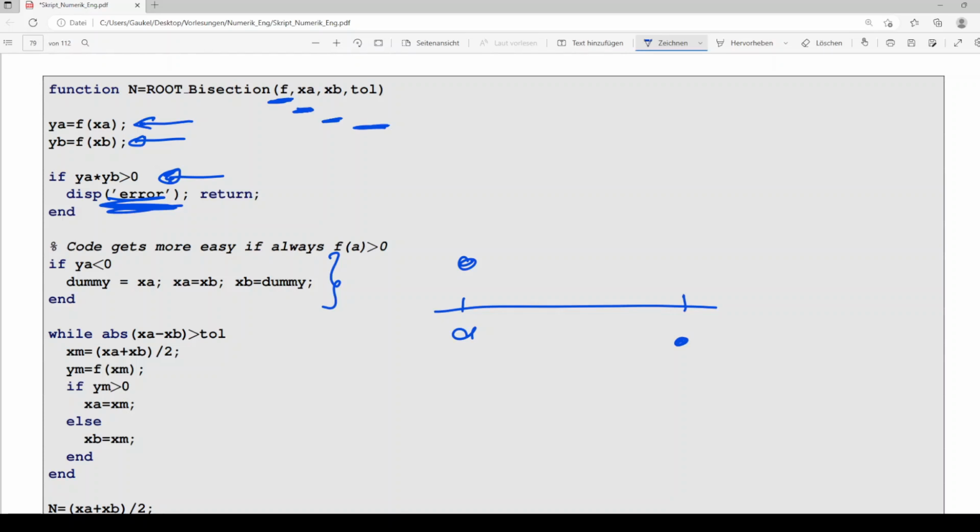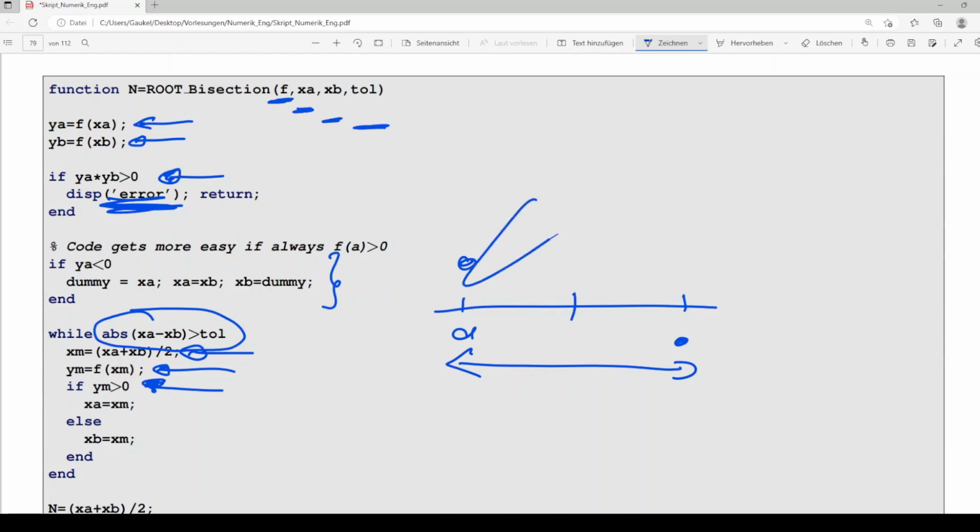It doesn't matter for the code following. So as long as the distance from a to b is more than the tolerance, take the midpoint, evaluate at the midpoint, then check. If the function value at the midpoint is more than 0, then we replace a, and that's what we do here. And if the function value is negative, then we replace b.